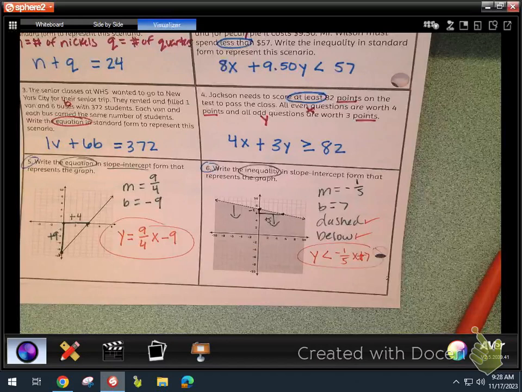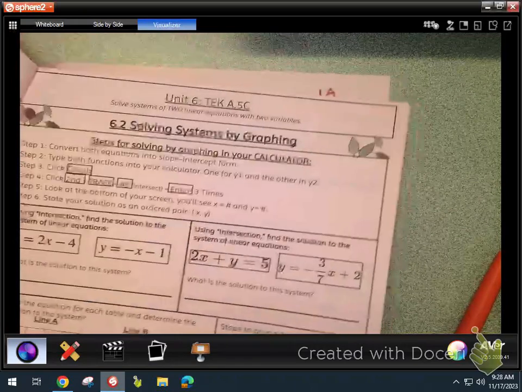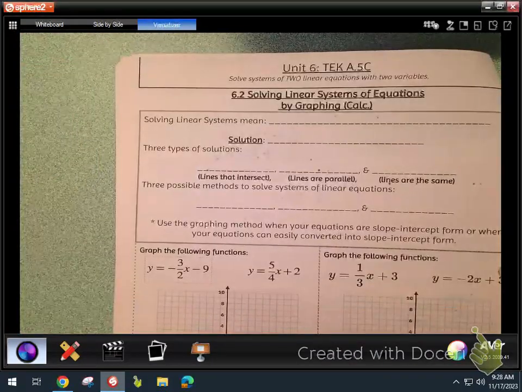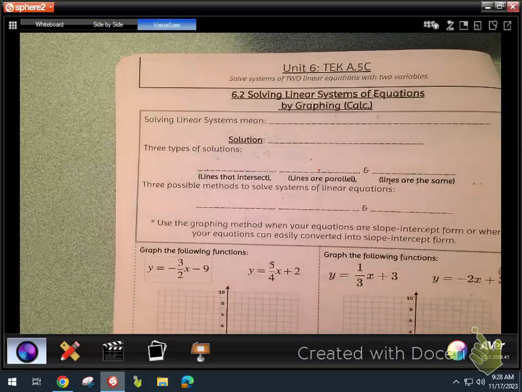All right. Let's jump to page 6. Okay. We're going to talk some definitions here because we're spending a lot of weeks on systems of equations, and we're going to have several methods to solve systems of equations by the end of it.